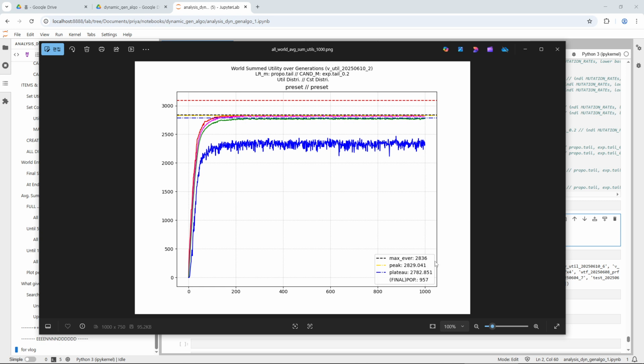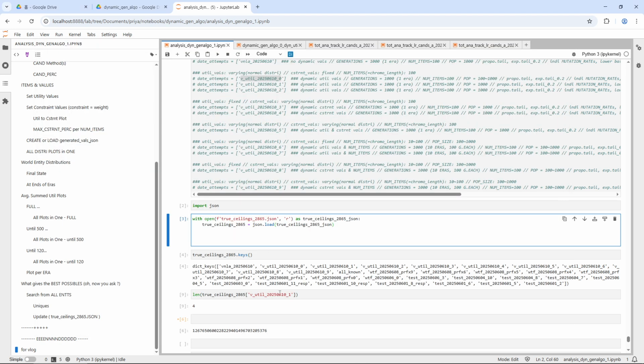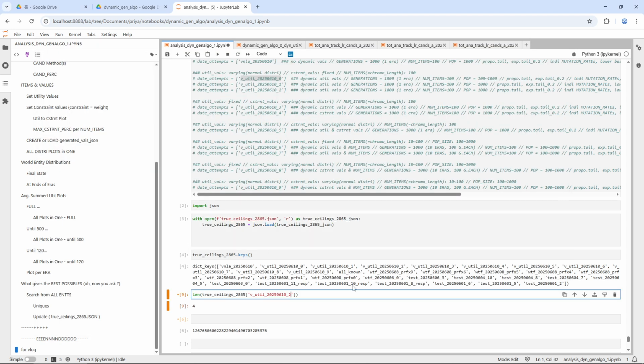And see, it's 2836. Seems to stay that way because of the fluctuations in the utility values of the items. And if I were to check if I actually got any true ceiling chromosomes, I got 20 of them. So that's actually quite decent, no?